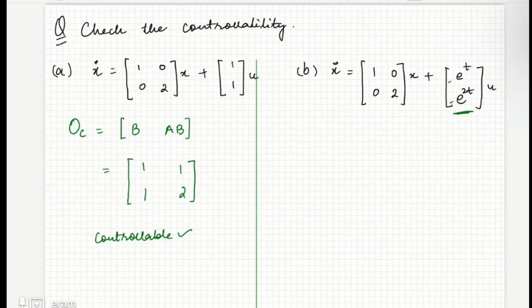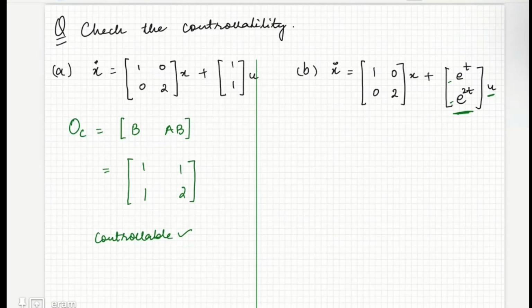So one can infer that since this B matrix is never zero, control is acting for all time, so the system must be controllable. But we cannot give a guarantee without checking its controllability Gramian.